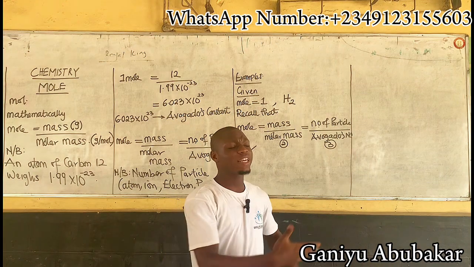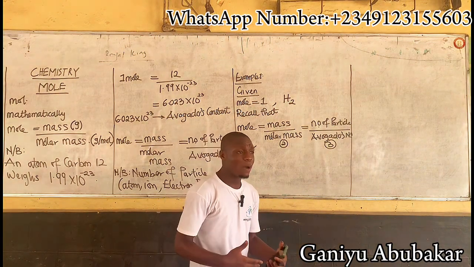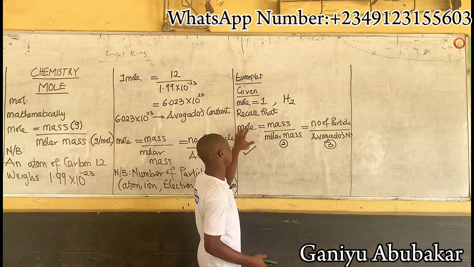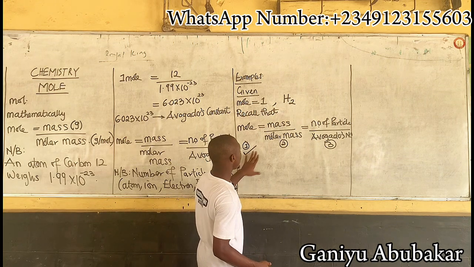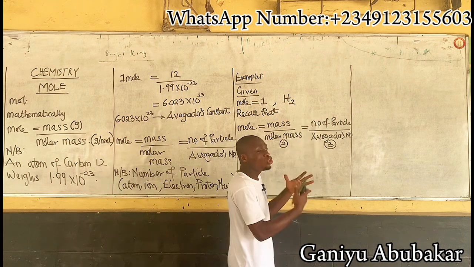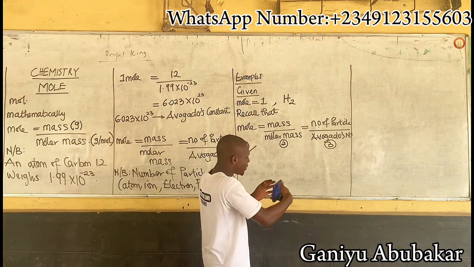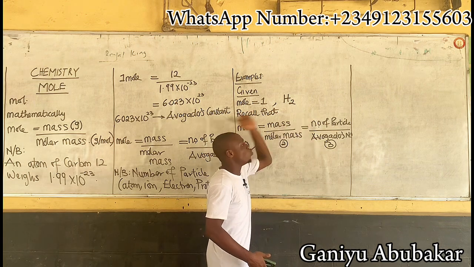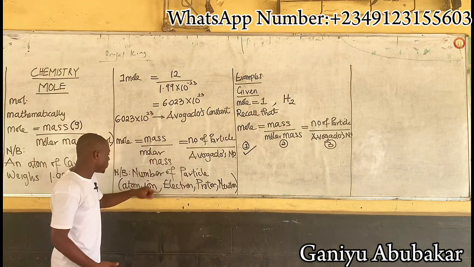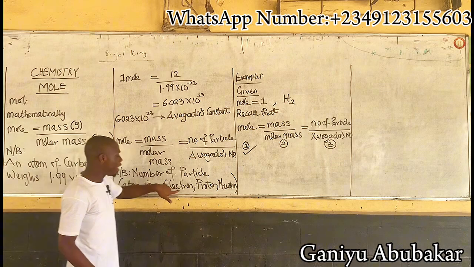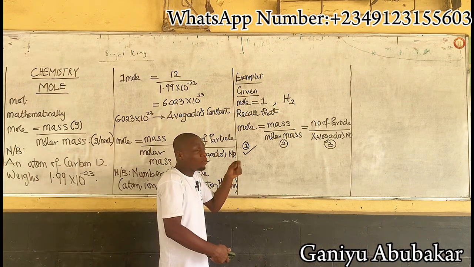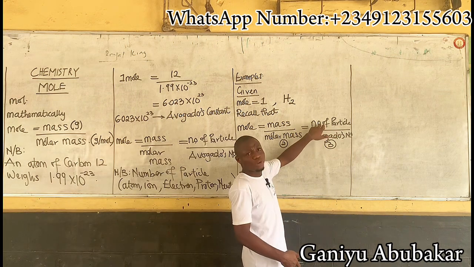So what you are given depends on what you pick. In this case, I'm given mole as 1, so I'm picking the first equation. I'm having 2 and 3 left. Which one am I picking? It says how many atoms, so that's number of particles. We said number of particles can be atom, ion, electron, proton or neutron. So I'm looking for number of particles, which is atom here.